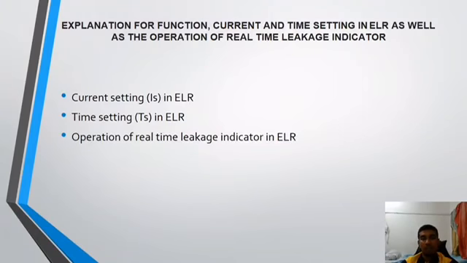The relay contact will operate to trip the circuit breaker when the preset leakage current level is detected. Then, for the time setting, also known as TS, in earth leakage relay, the time setting is used to control the relay contact operating time for tripping the circuit breaker after the preset leakage current level was detected.